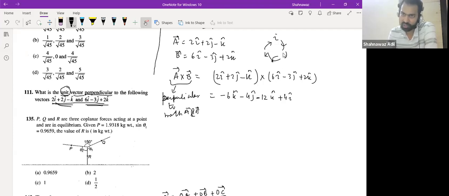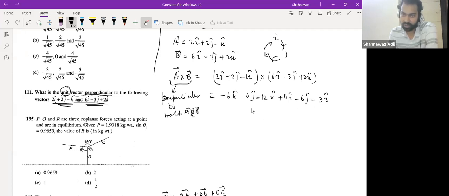And then we have minus k into i. k into i is j, so minus of 6j. And then we have k into j, which is negative, so minus minus and minus, so we have minus 3i.